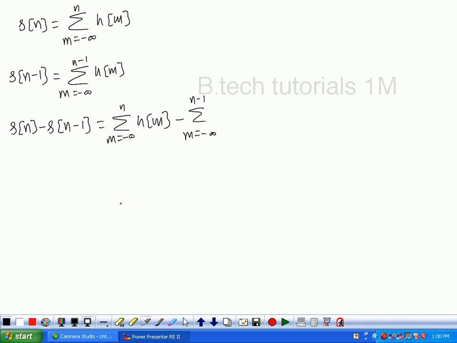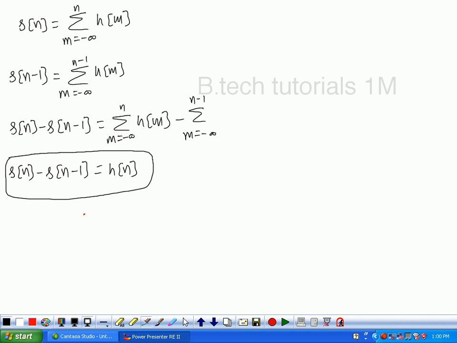Is it right? This is from minus infinity to n and this is from minus infinity to n minus 1. Okay? So only one term will be left. What is that? h of n. Therefore, S of n minus S of n minus 1 is equivalent to h of n.